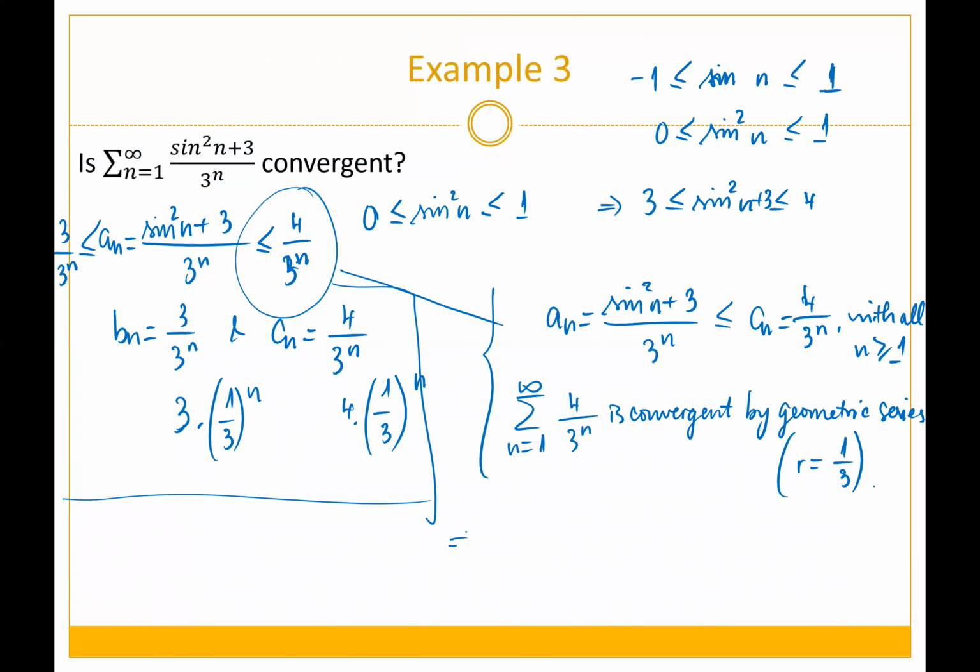Therefore, by the direct comparison test, you have the series of an is also convergent. So that's how you're going to do this kind of question.